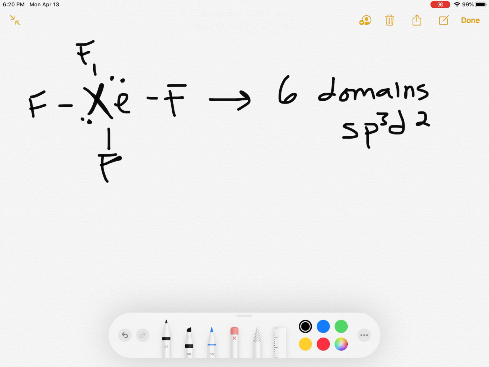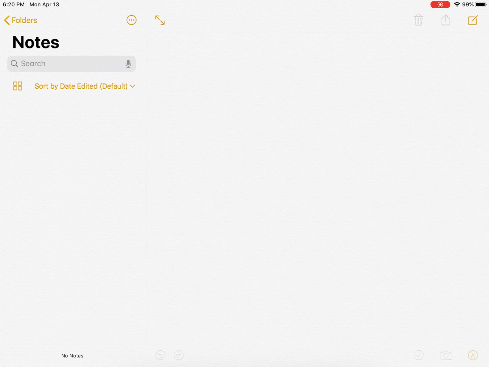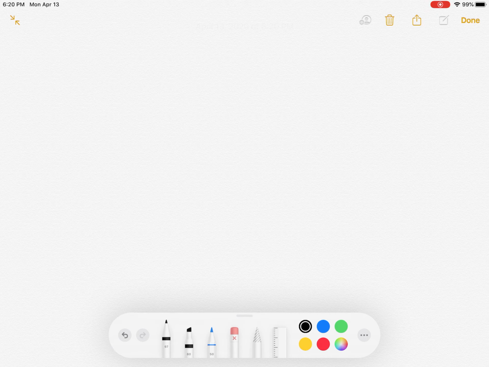CH2O looks like this. So I have 3 domains, so I'm going to need an sp2 hybrid orbital. And then BrF5.